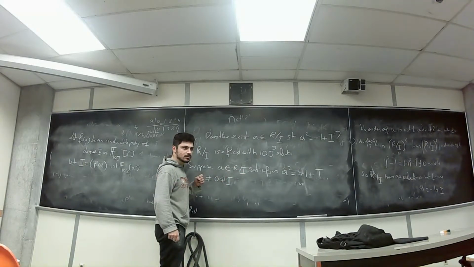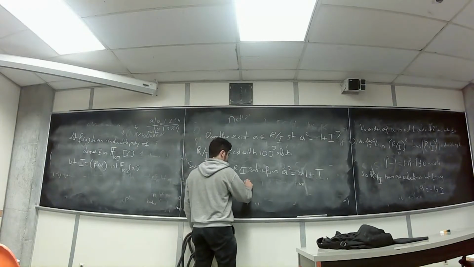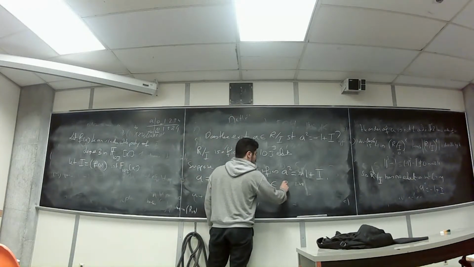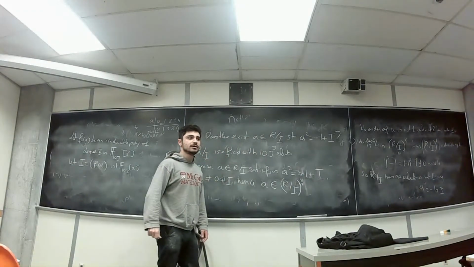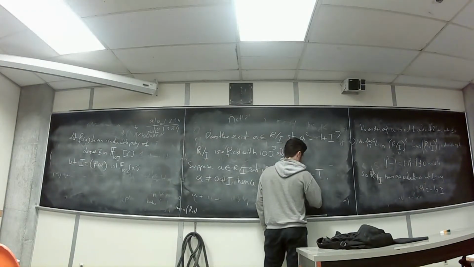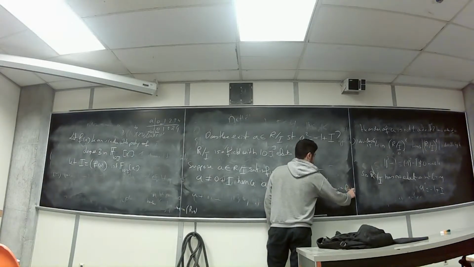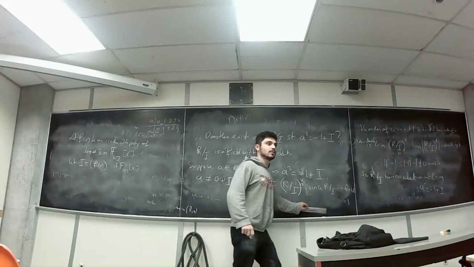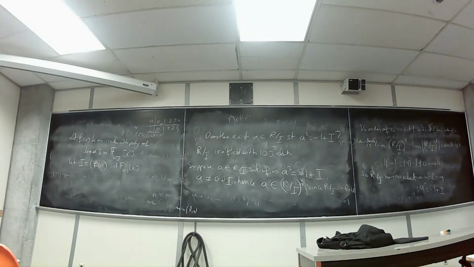Just 0 plus I in the ring. Hence a belongs to the group of units of R mod I, because R mod I is a field, and in a field every non-zero element is a unit. Every non-zero element has a multiplicative inverse. Very good.